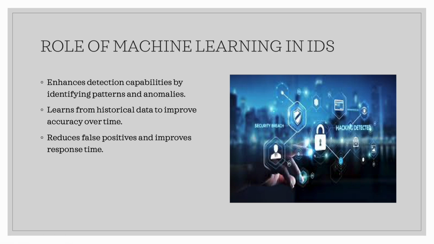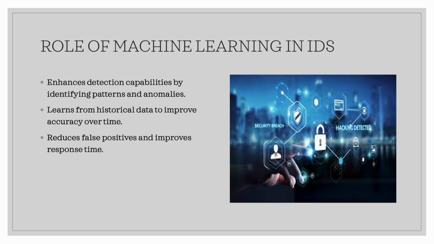Role of machine learning in intrusion detection systems: it enhances detection capabilities by identifying patterns and anomalies. Pattern recognition trains on network traffic and user behavior to identify deviations. Anomaly detection establishes a baseline of normal behavior to detect outliers like unusual login times and abnormal data transfers.